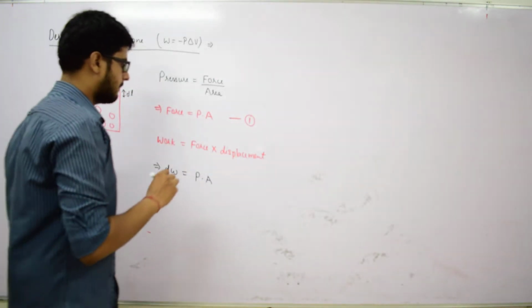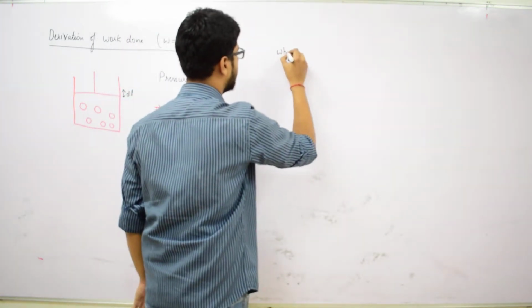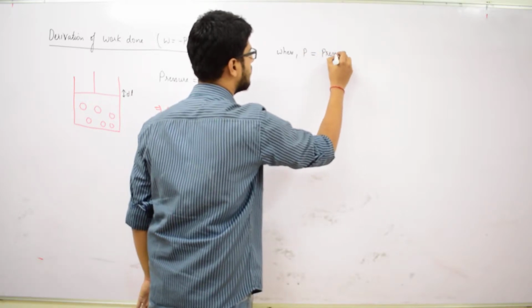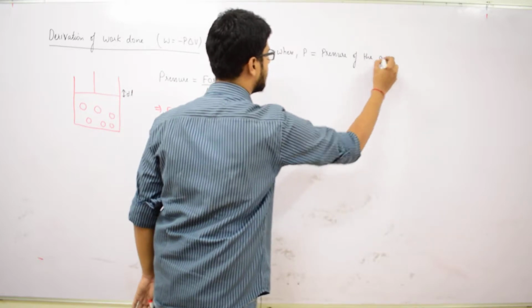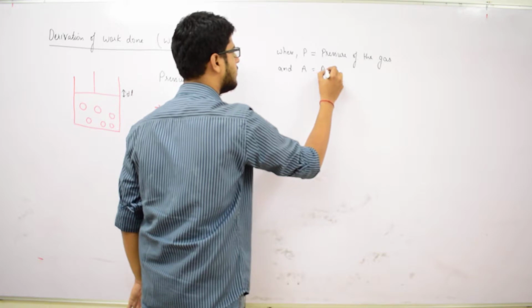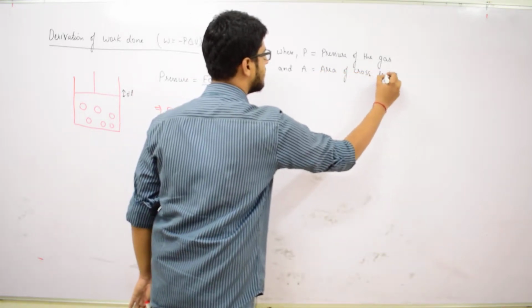where P is the pressure of the gas and A is the area of cross section of the vessel.